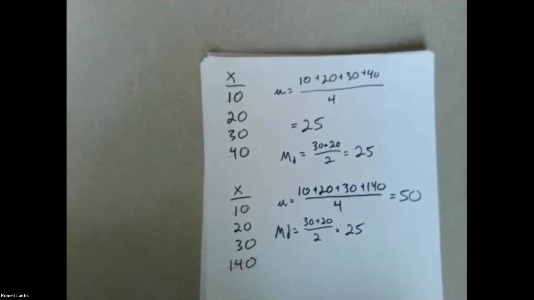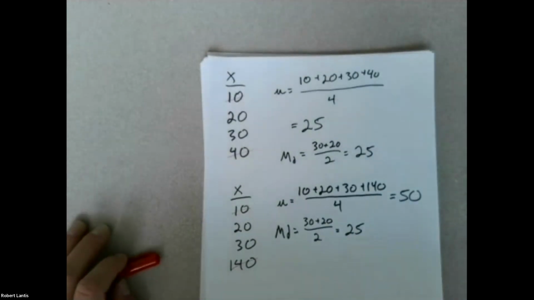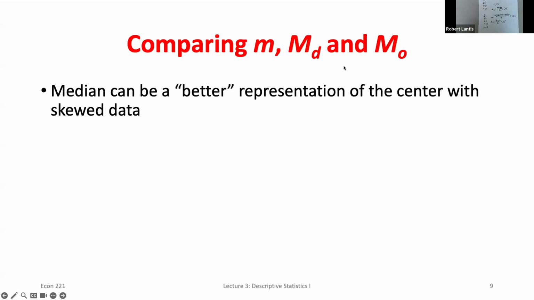Okay. So what does this look like? So we sometimes can think of, because that median is not impacted, it can sometimes be a better representation of where the middle part of our data set is.